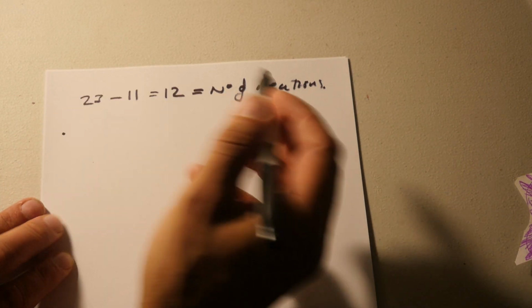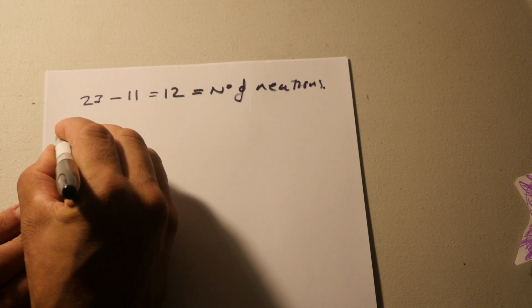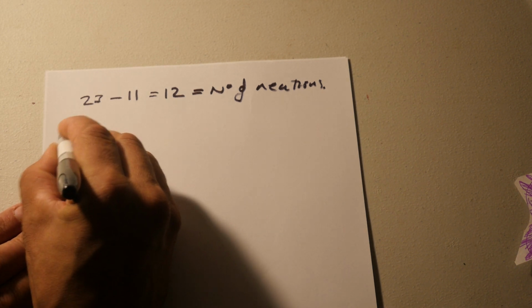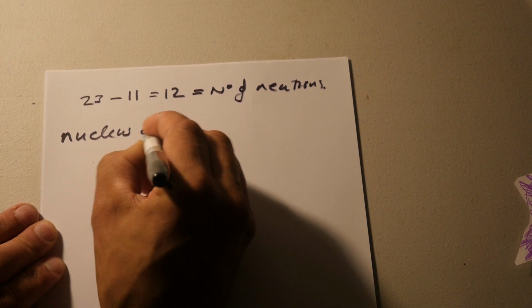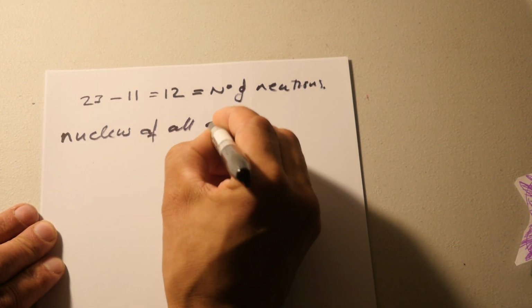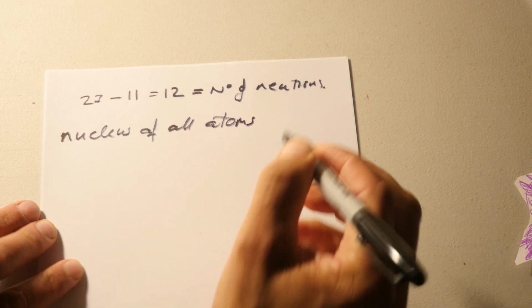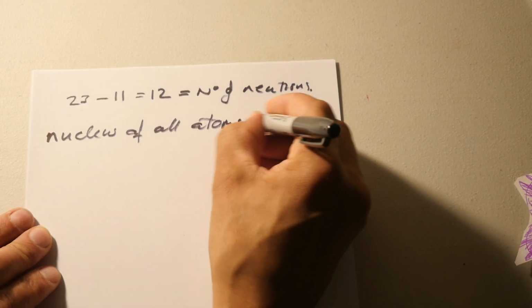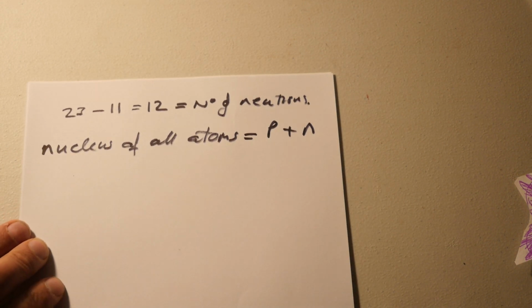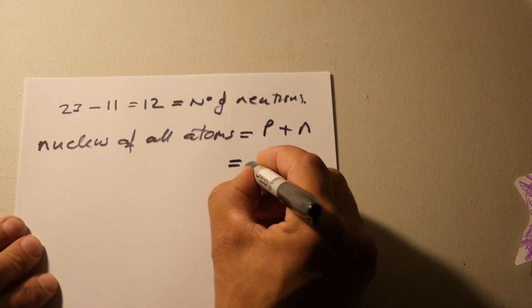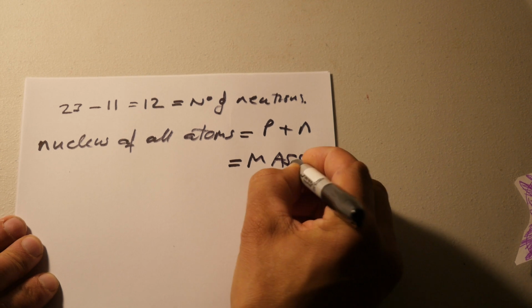So we know that, as I said before, the nucleus of all atoms is made of protons plus neutrons, and they give the mass.